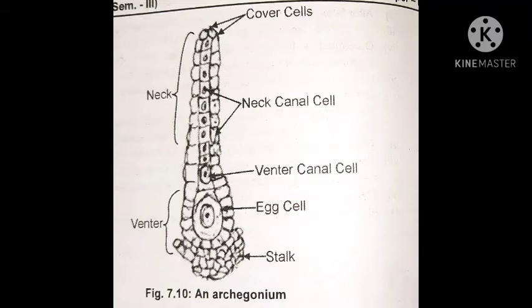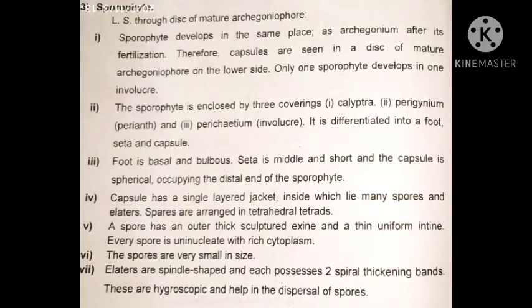The egg is the female reproductive structure in Marchantia, and after fertilization, the sporophyte develops.